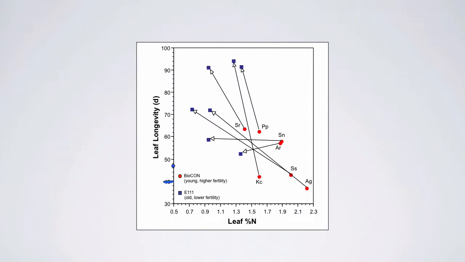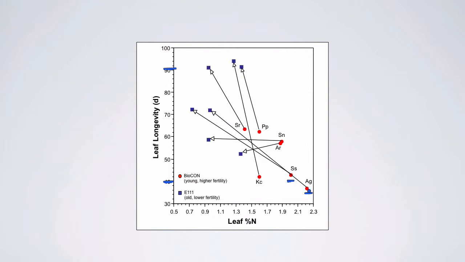So species that have a low nitrogen concentration tend to have a relatively high leaf longevity. Those species that have a high nitrogen concentration had a really low leaf longevity. They turned over relatively quickly. And this is something that we understood before, and that's nothing new. But when we take a look at the differences among species within and between the two different experiments, here are some of the grasses that were used to generate the previous example.